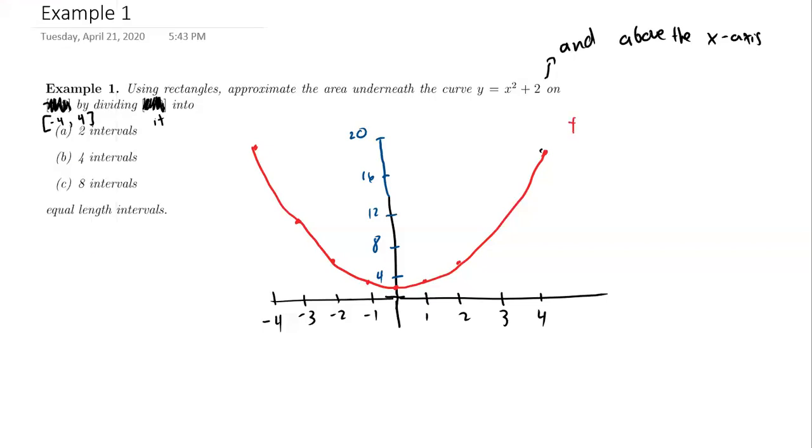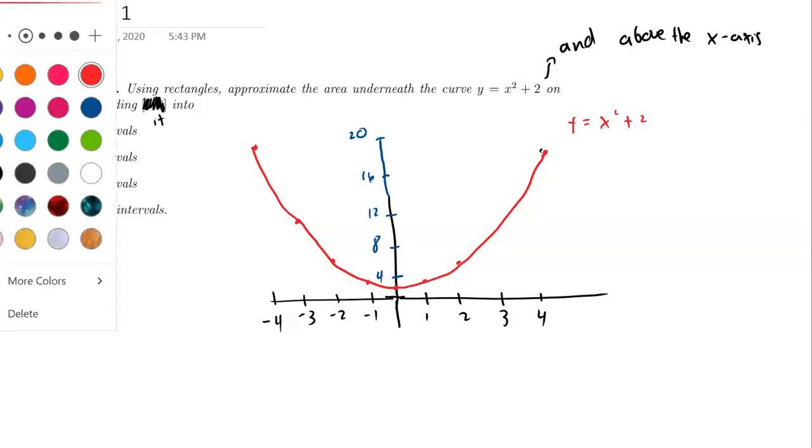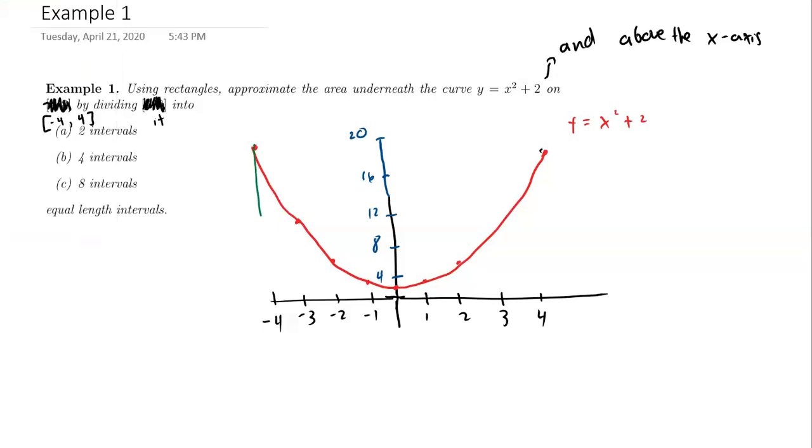So let me write here, this is y equals x squared plus 2. What area are we interested in calculating? Well, the area from -4 to 4, bounded underneath this curve and above the x-axis. So we're interested in this area here.